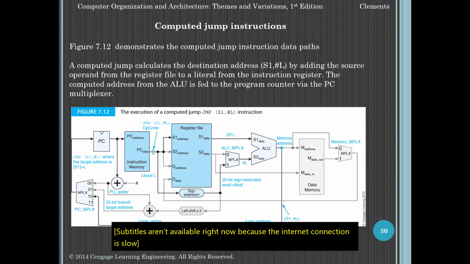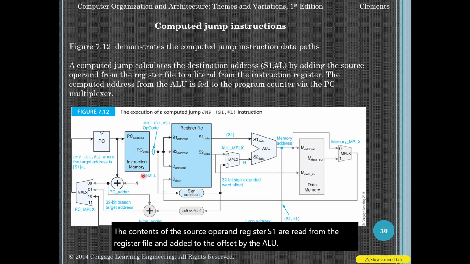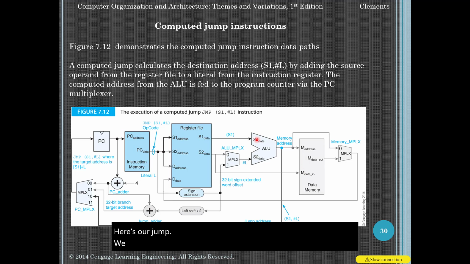So the 12-bit literal offset in the instruction is first sign extended to 32 bits. The contents of the source operand register S1 are read from the register file and added to the offset by the ALU. So do we see this as this moves through? We have literal L. Here's our jump. We move through the register file into the ALU.